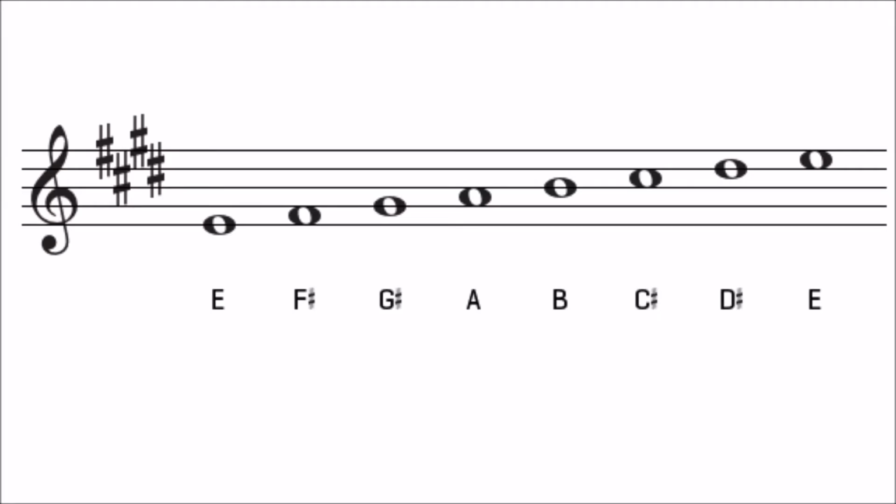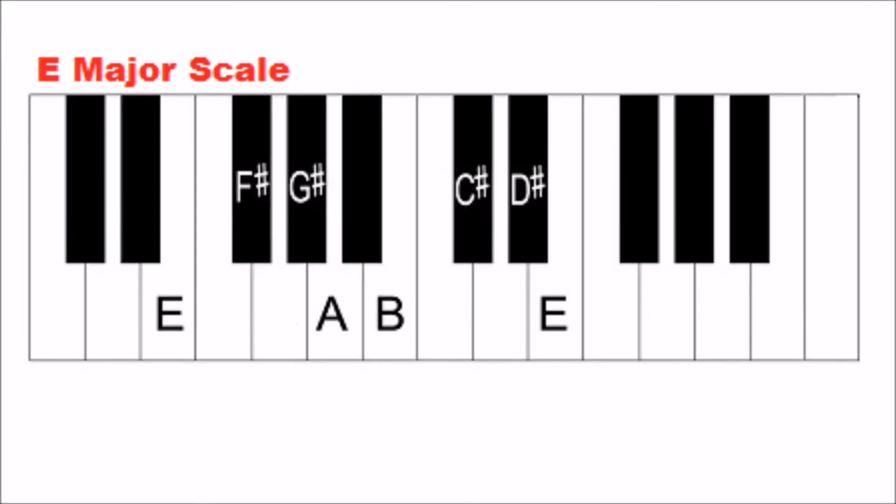Every one of these chords makes use of the notes of the E major scale. When coming up with chords in a key, you may only include notes that are in that specific key.